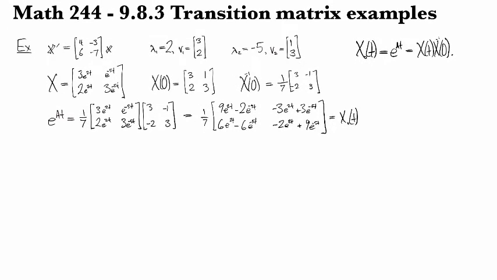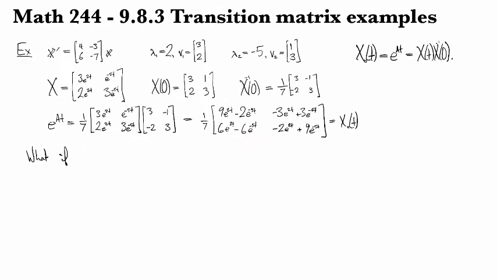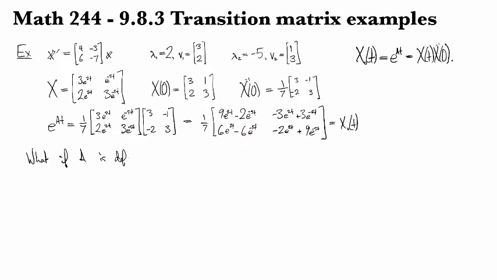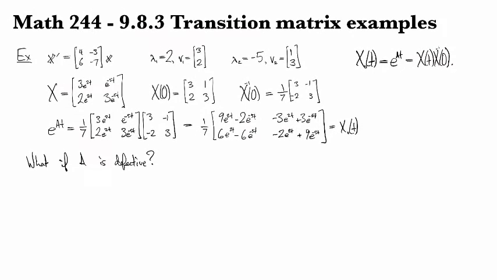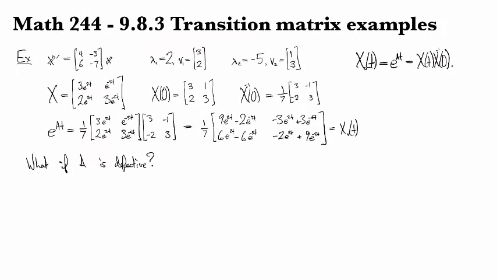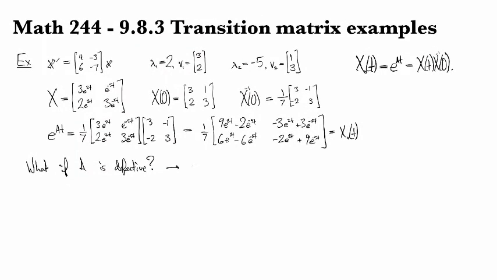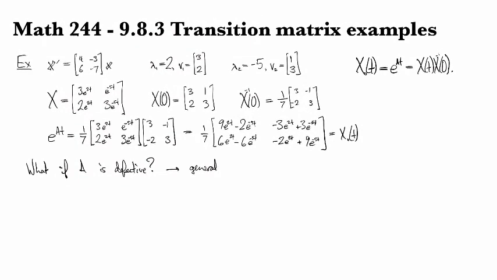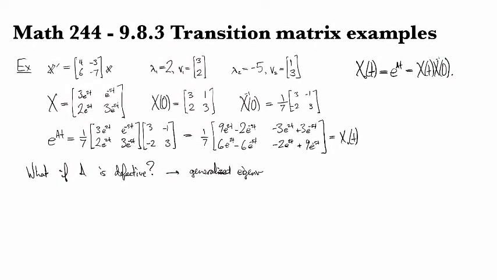So then what if A is defective? In this case, you don't have a basis of eigenvectors, so we need to resort to finding generalized eigenvectors.